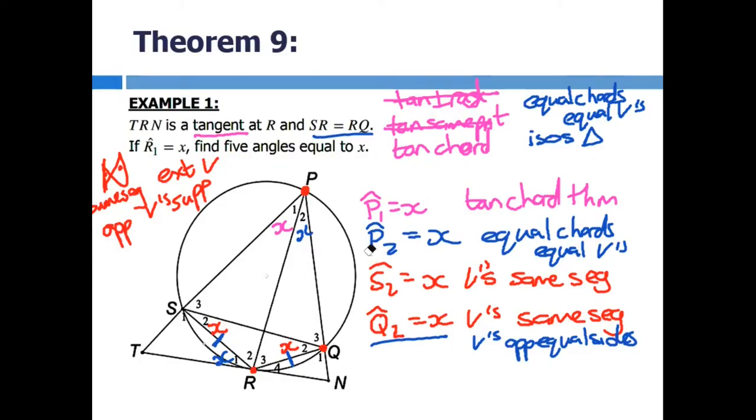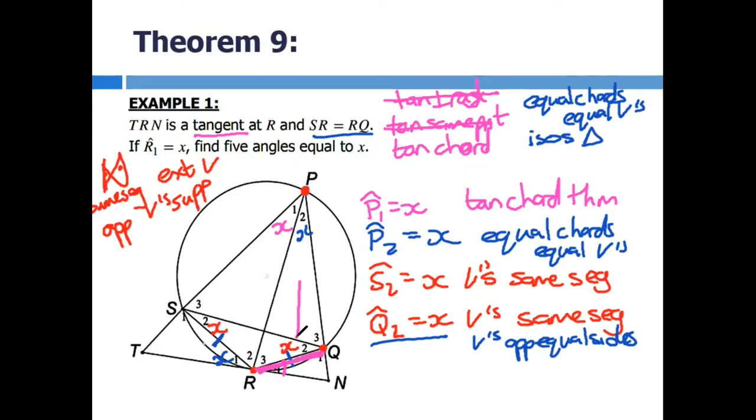So what happens if the surfer dude stood on the other side of the tangent by angle R4? Is R4 going to be equal to P1? Let's have a look. If my surfer dude is standing over here by R4, he's holding on to that side.